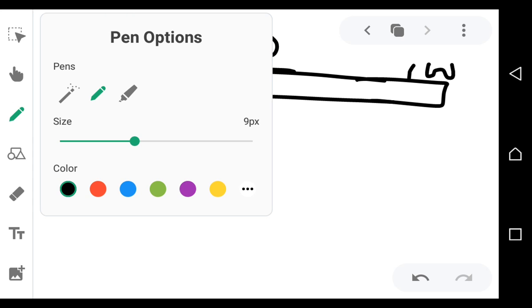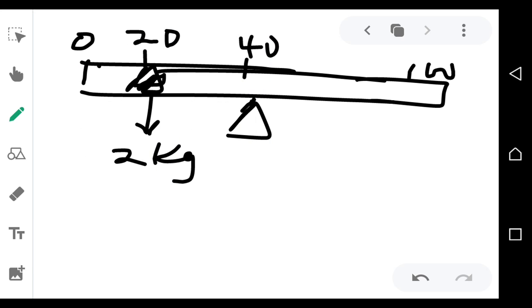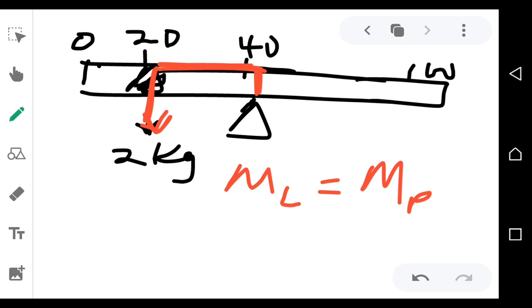The first thing you do is find the moment. Moment is force times distance. It's always like a seesaw. So you say, moment on the left must be equal to moment on the right.